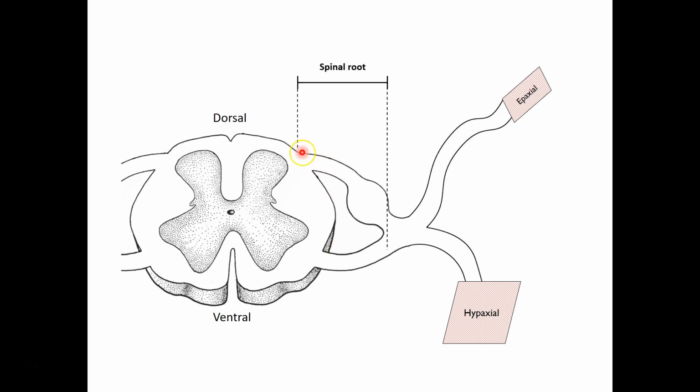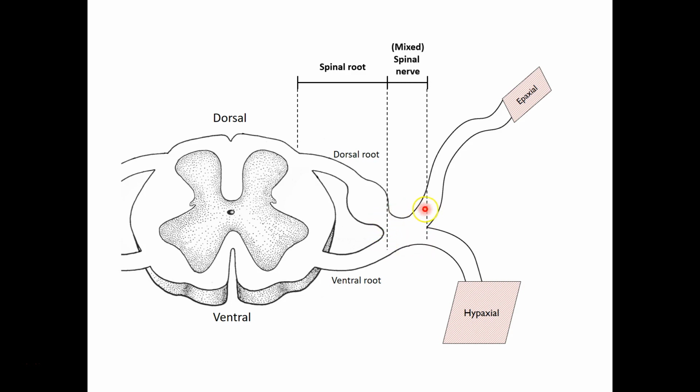So coming out from the spinal cord, we have what we call spinal roots. And there is a dorsal root with this lump along its path. This is actually what we're going to see is a lump of cell bodies. We'll get into that in a minute. And a ventral root. And those combine together to form a mixed spinal nerve, or sometimes referred to just as a spinal nerve.